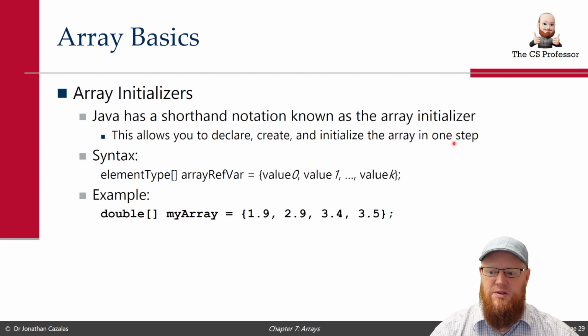Java also gives us what is called the shorthand array initializer, where you can declare your array and initialize it in one go without actually using the new keyword and saying new double of size 4. So here we have double myArray equals, and we have this pair of curly brackets with 4 doubles inside of it.